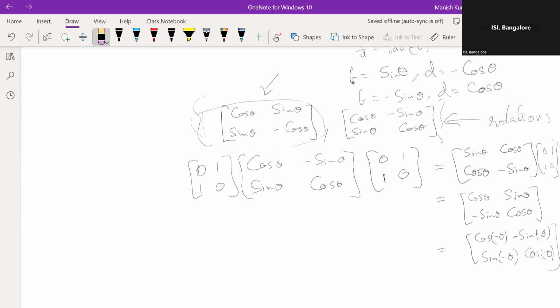This you get back one of the rotation matrices. So this is not what I wanted. I mean, the calculation is right, but this is not what we want to show: that cosine theta, sine theta, minus cosine theta is also a product of a matrix like this and the reflections. So how do we do that?